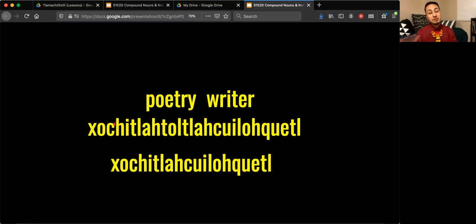But this xochitlahtol tlacuiloquetl is showing you how you can combine xochitl, tlahtoli, and tlacuiloquetl. And if you know enough now, you'll know that this word tlacuiloquetl also has individual parts in it. So you can see how Nahuatl creates big words from little ideas, and then you have a bigger meaning.